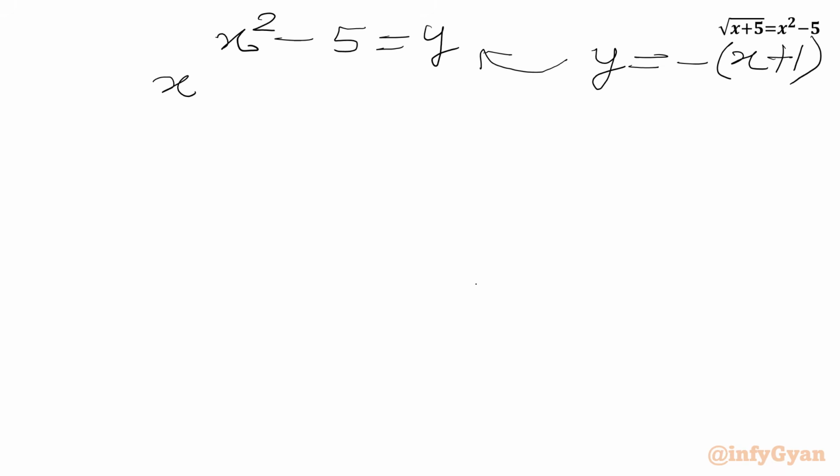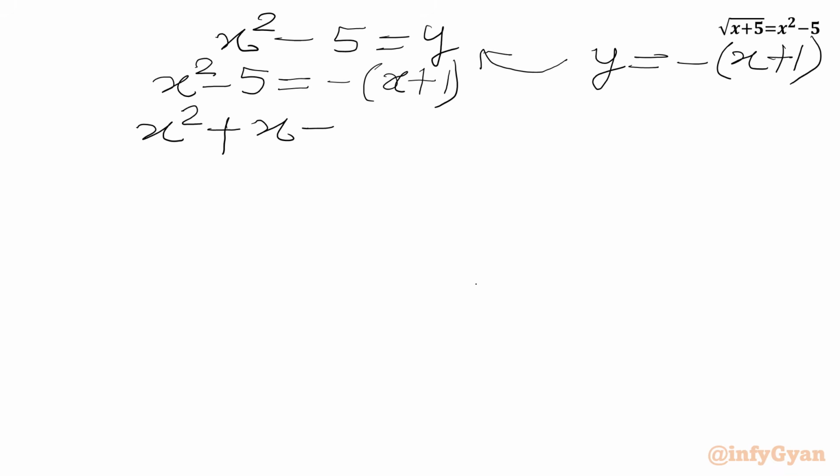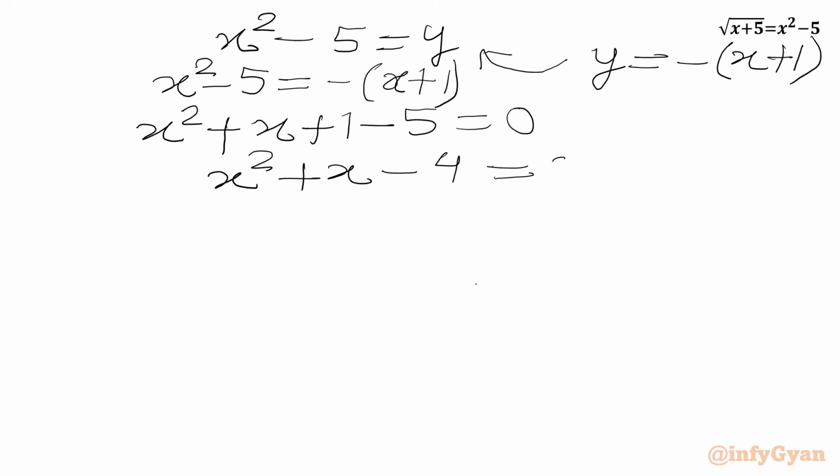We will get x squared minus 5 equal to minus of (x plus 1). By writing all the terms to the LHS, we will get x squared plus x plus 1 minus 5 equal to 0. Or we can write x squared plus x minus 4 equal to 0.